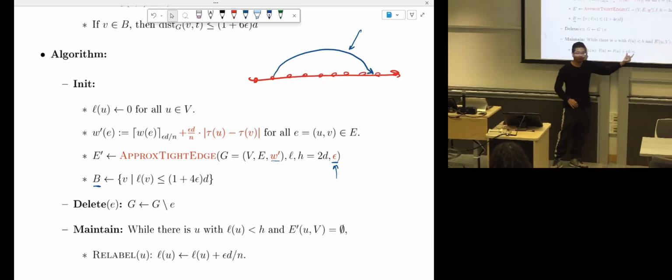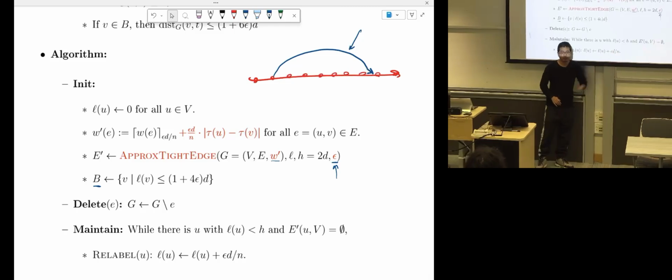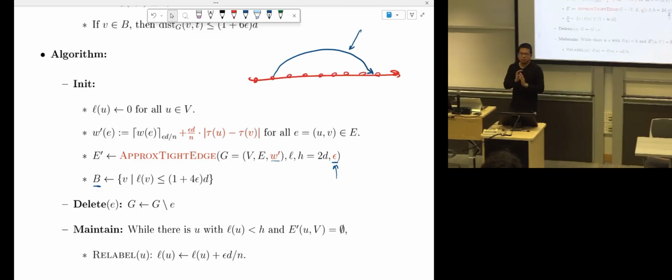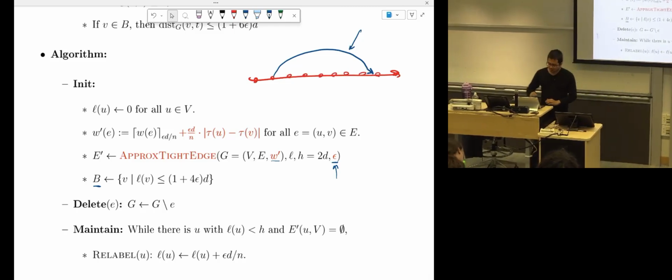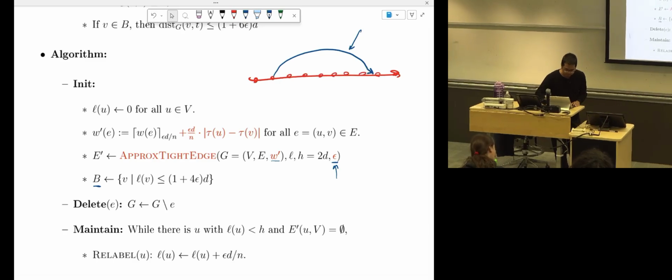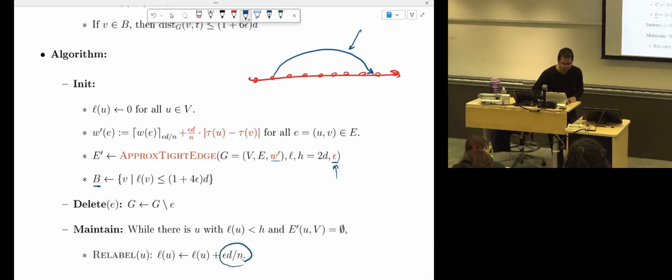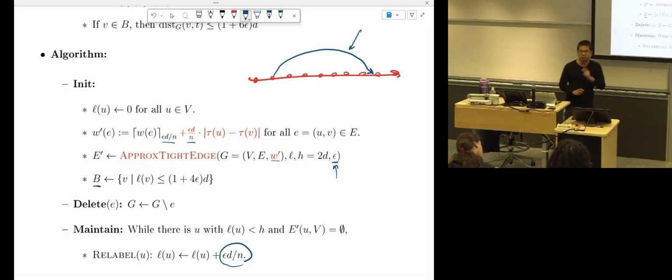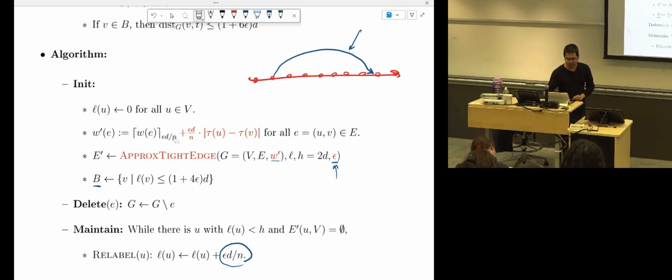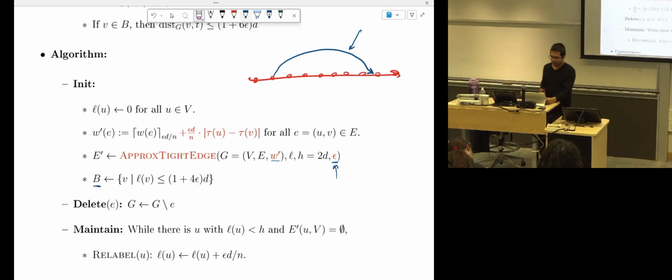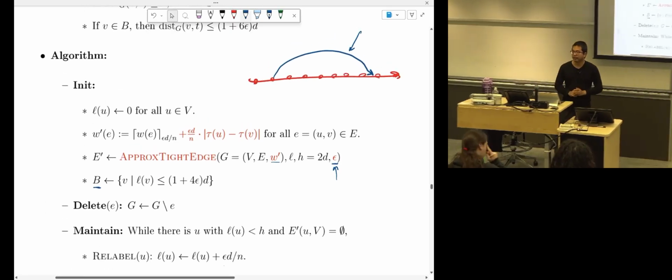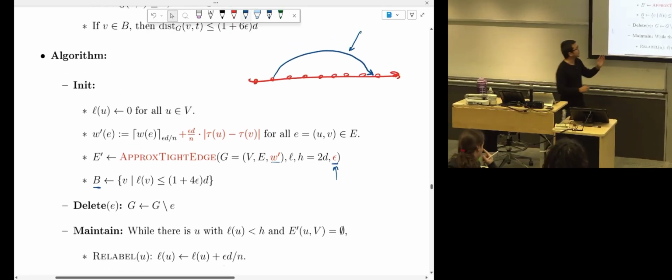By a multiple of epsilon d over n. So the label is always a multiple of epsilon d over n, and all edge weights are multiples of epsilon d over n as well. Okay, so that's the algorithm. It's almost the same except this part.